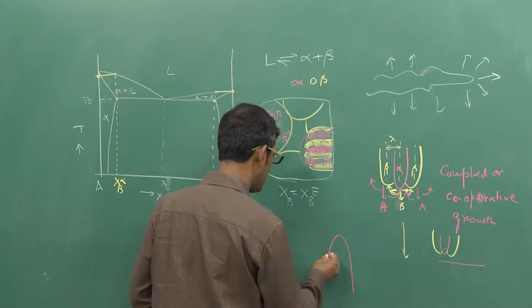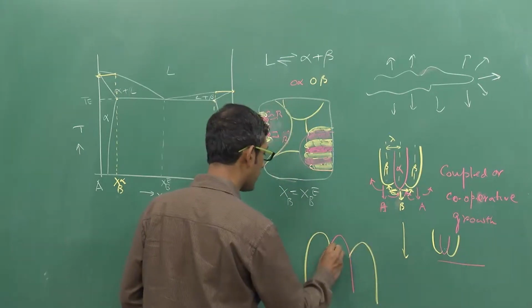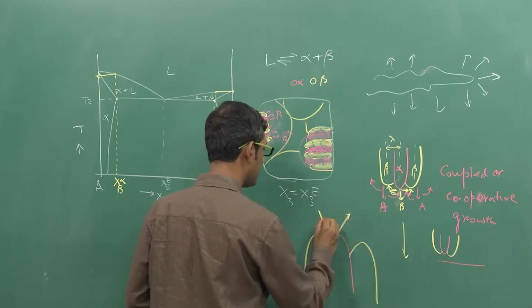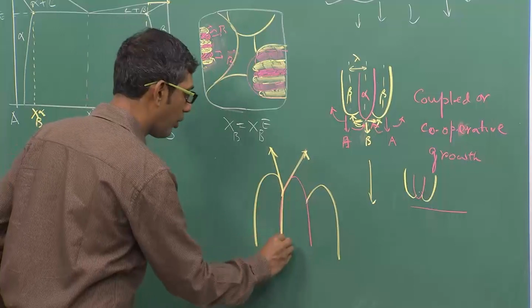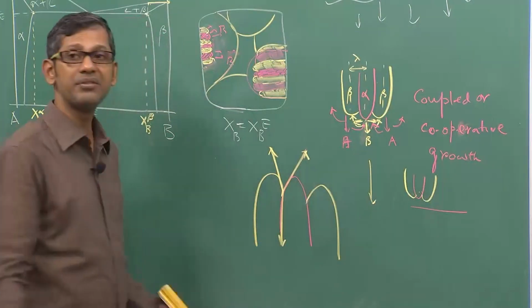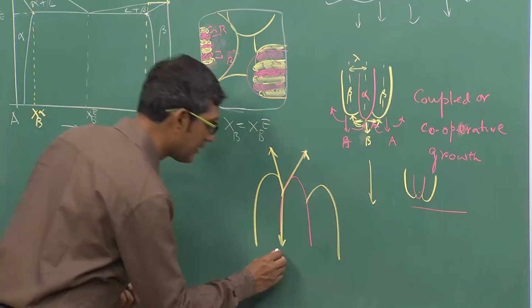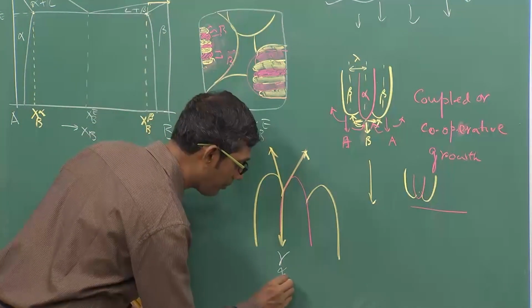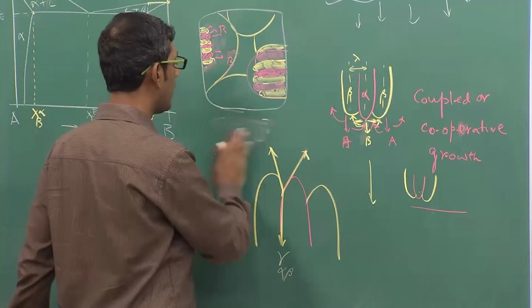bigger, at the contact point here, if I draw the interfacial energies the way we have shown earlier, this is the interfacial energy of alpha beta. Remember, we have liquid in front.